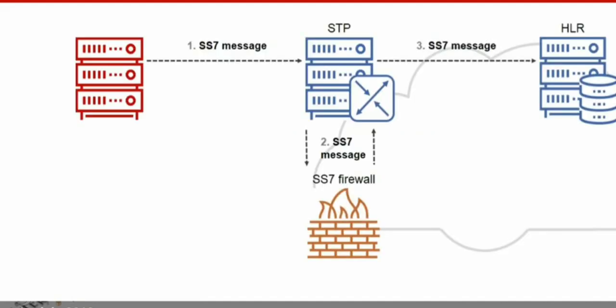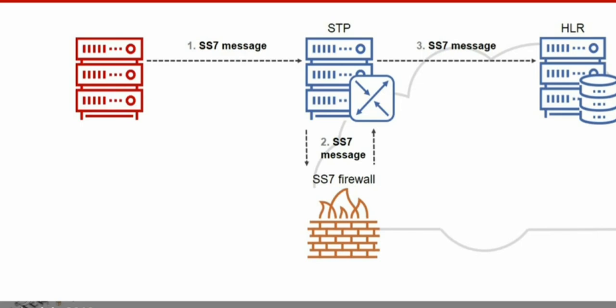One more case: bypassing of the SS7 firewall system. But first, I would like to describe a typical deployment scheme of the SS7 firewall. When some signal message comes to the border of the operator, it comes to the STP node. The STP routes this message to the SS7 firewall.